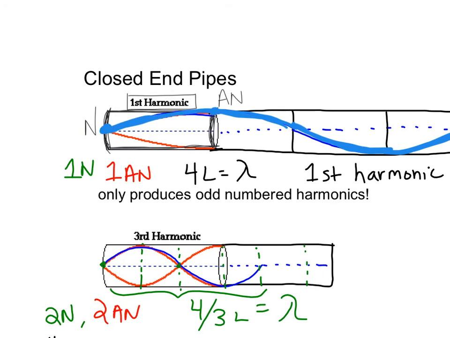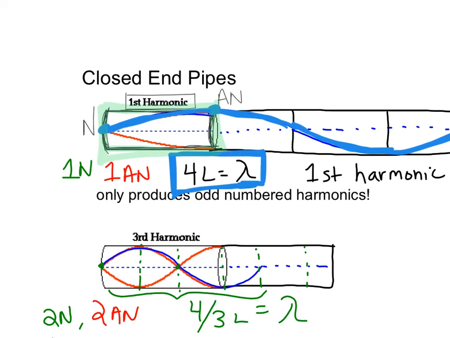For my closed-ended tube, my first harmonic is actually only 1/4 of the full wavelength. So the wave in that tube, if I wanted to get the wavelength of the corresponding wave, it's going to be 4 times the length of the full medium that's shown. So if I think about this system here, that tube is only 1/4 of the full wavelength.